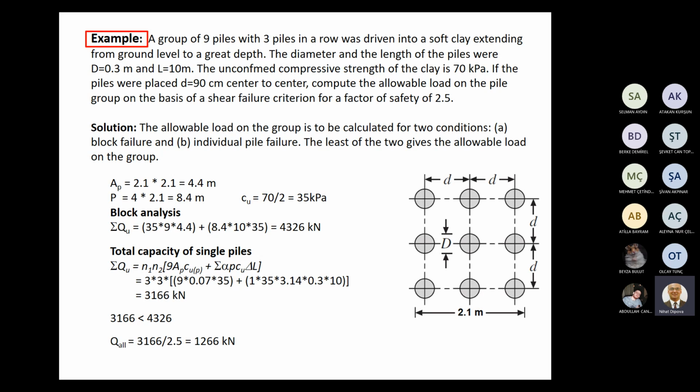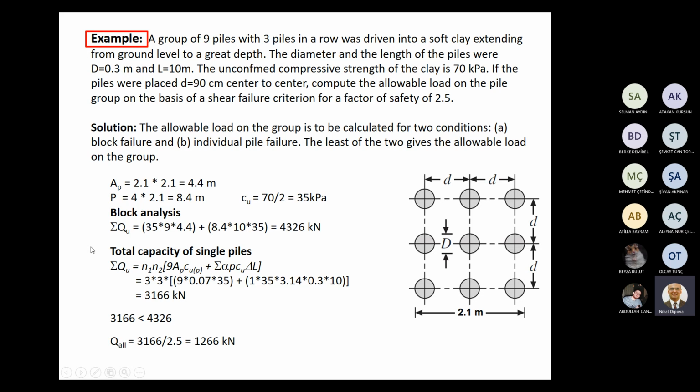And actually we need Cu, but as you notice, unconfined compressive strength is given. As you remember from the soil mechanics course, for saturated clays, Cu equals half of the unconfined compressive strength. So Cu can be taken as 35 kilopascal.